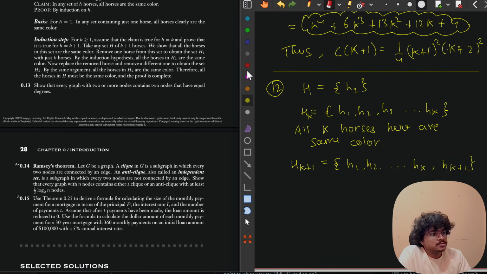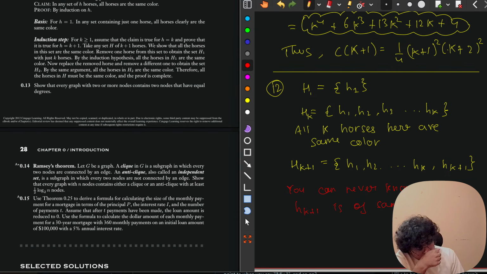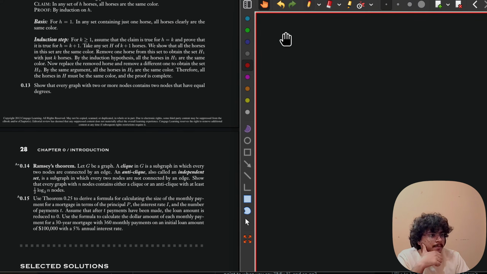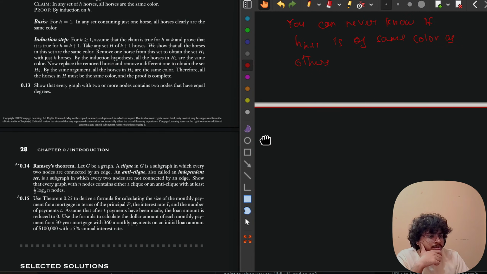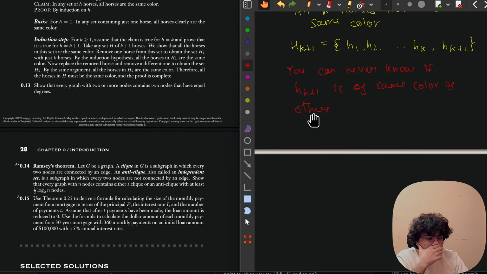This proof is wrong because you can never know if Hk plus 1 is of the same color as the others. And I don't know how to write this formally.